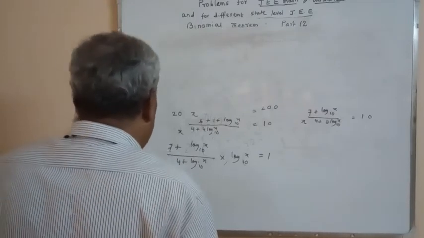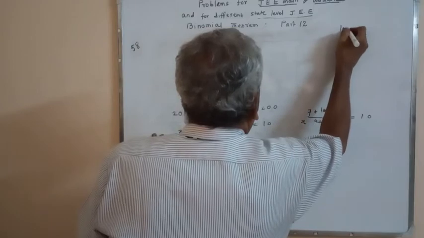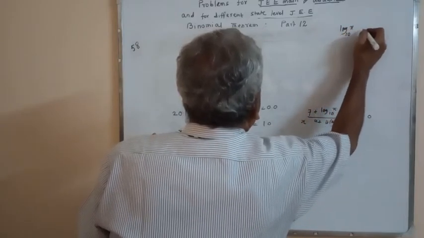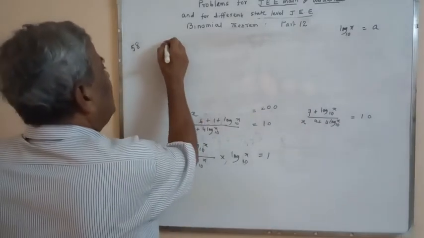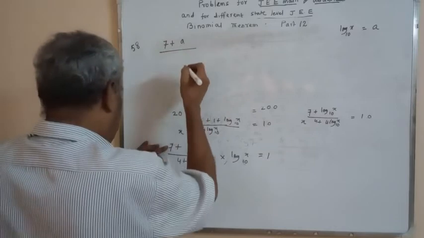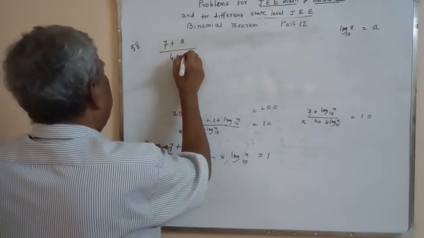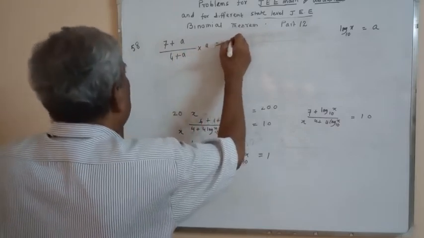So we get this equation. Now let us take log x base 10 as a, small a, so that it becomes 7 plus a by 4 plus a into a is equal to 1.